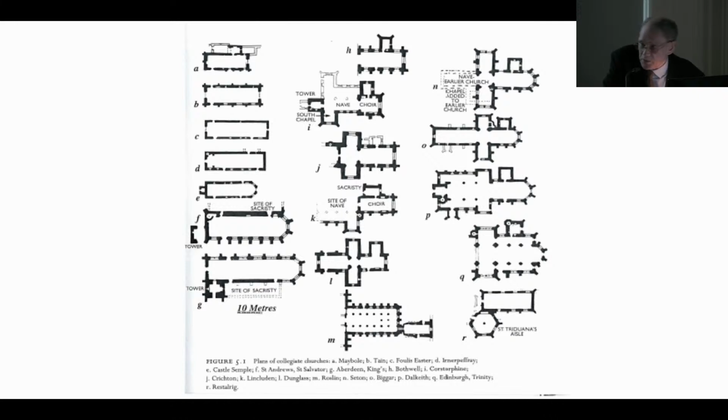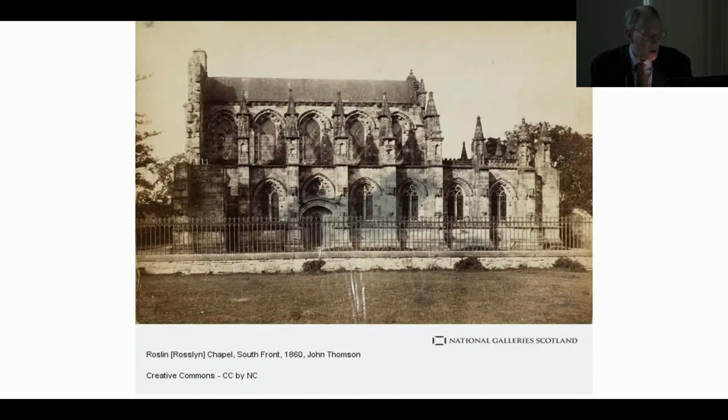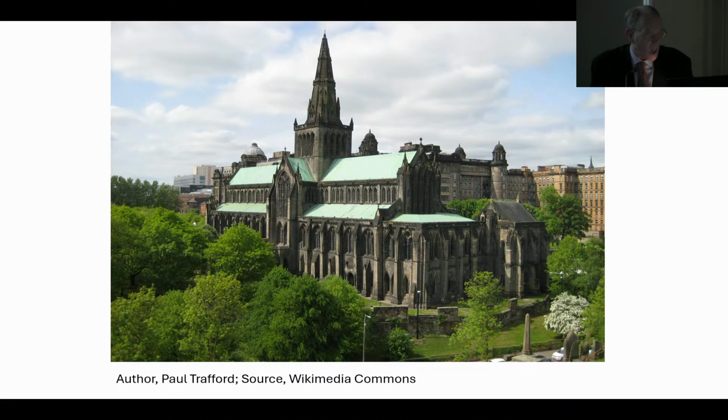The source of the plan is controversial, and I'm not going to tangle with it in detail tonight, but it's often interpreted as, and I quote Richard Fawcett's description here, a much reduced version of the plan of the eastern arm of a much grander church, Glasgow Cathedral, which was begun 2 centuries earlier than Roslin in the late 1230s.